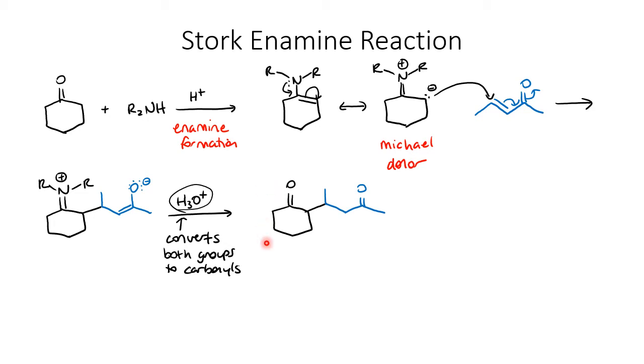Well, this type of reaction can continue, and we're going to see this type of reaction in the lab as well. So if we were to treat this molecule with a base, such as sodium hydroxide, and heat, we will actually have an intermolecular aldol condensation occur.